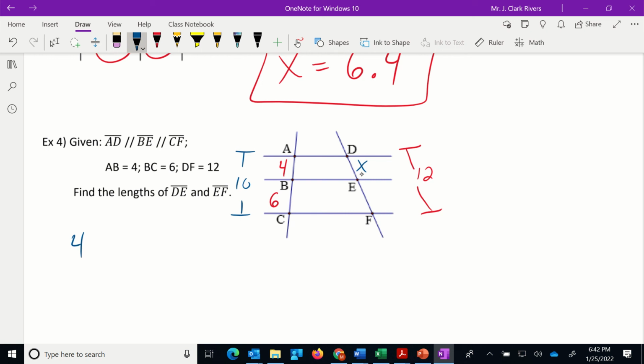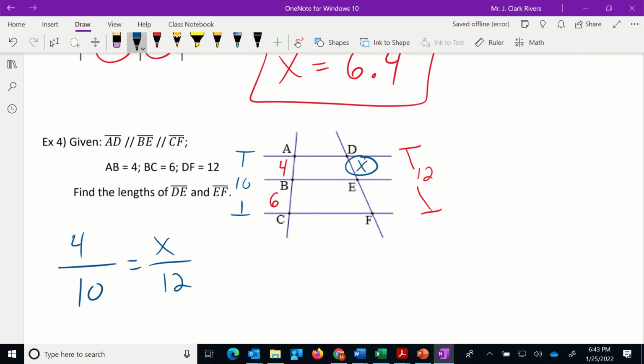So I'll do 4, that's AB, over this entire segment here, AC, which is 10. We'll call it short over long. That might be a good way to say it. And that is proportional to x, because x and AB are corresponding. X over 12, short over long.